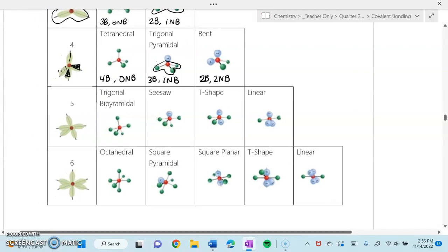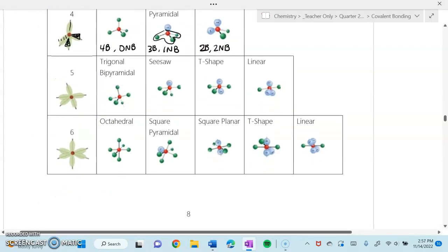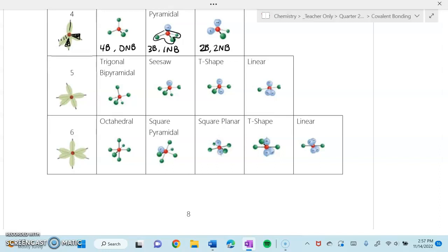When we get into 5 and 6 electron regions, it gets a little bit more fuzzy to visualize, but I'm going to do my best to help you understand what this looks like.